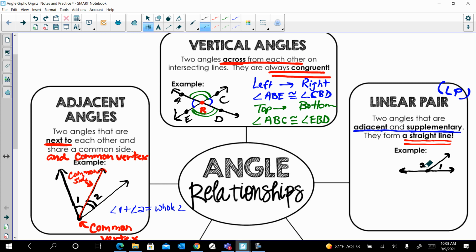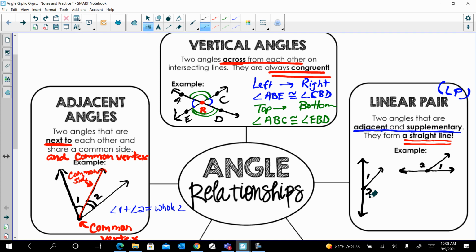So I can do a horizontal line, I can have a vertical line. Again, the degrees of this angle is going to be 180. So all I need to do is extend another ray to create one acute and one obtuse.